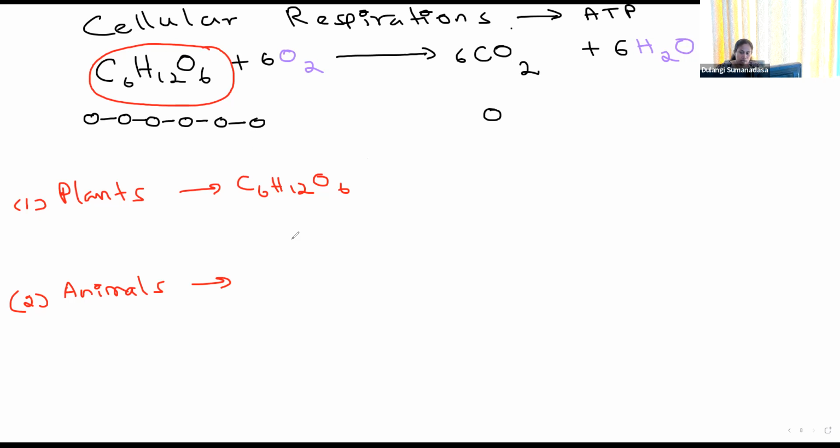So plants undergo photosynthesis just to produce glucose for the cellular respiration, right? So the source for this glucose is the photosynthesis. The product of the photosynthesis is the input for the cellular respiration.